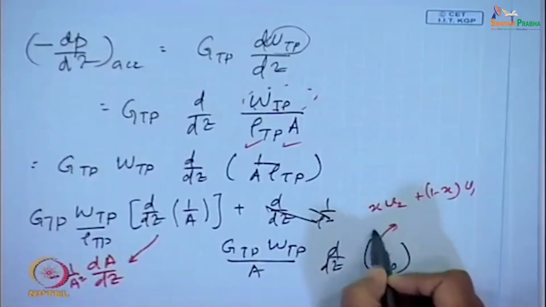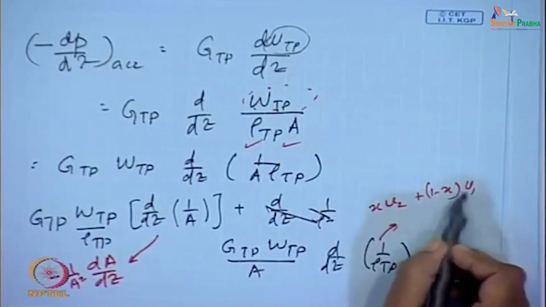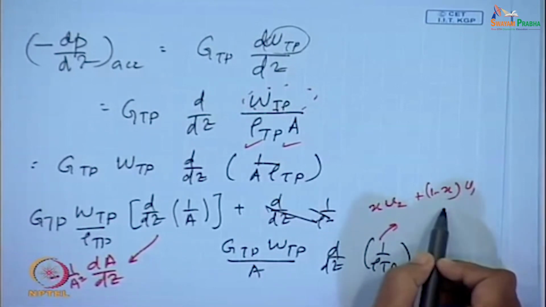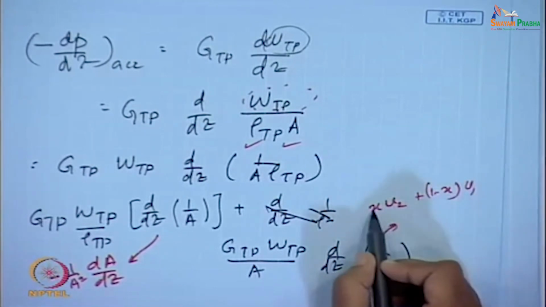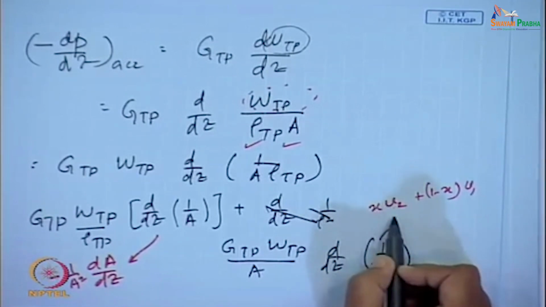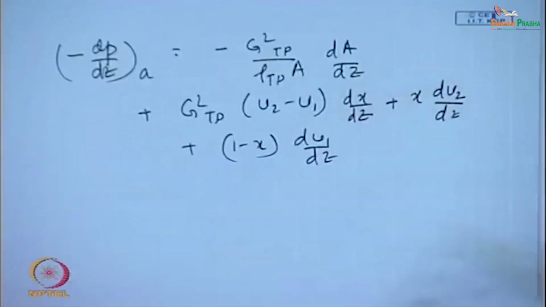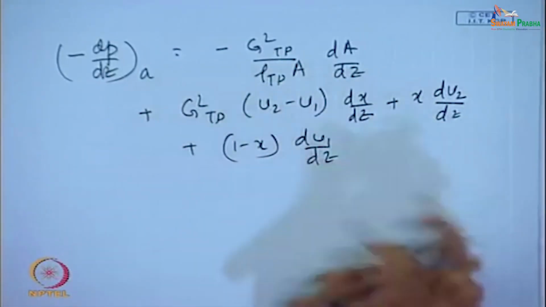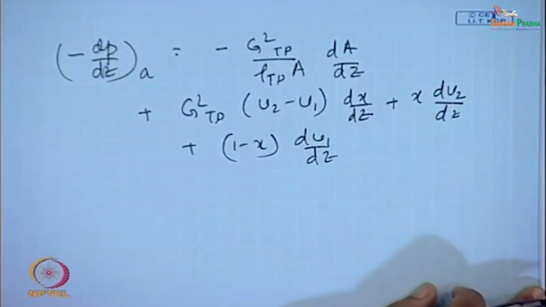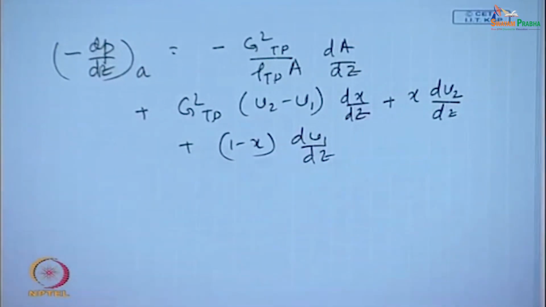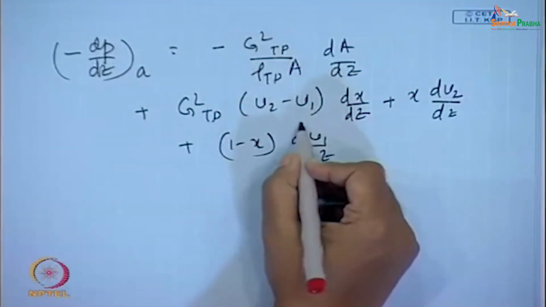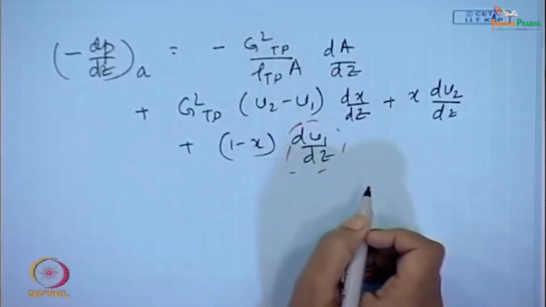So, from here if you differentiate, we get V2 dx dz plus V1 minus V1 dx dz, agreed, and then we get x dV2 dz and 1 minus x dV1 dz, isn't it? So, I have combined all of them and this is the total expression. Now, in this expression you see, why is this particular V1 varying with z?